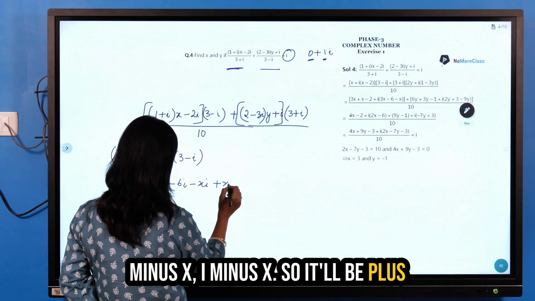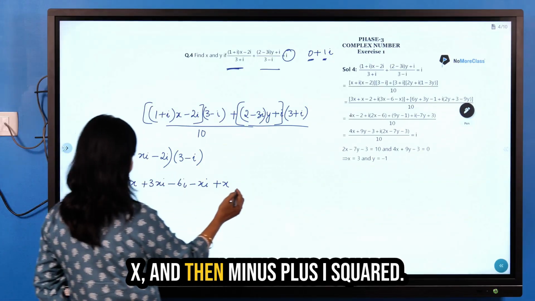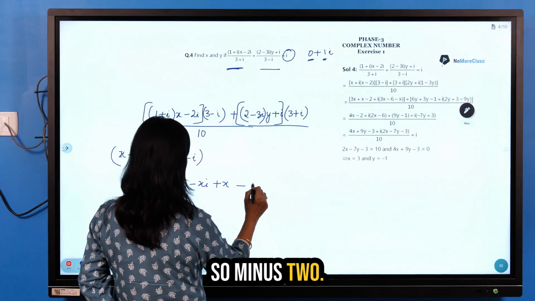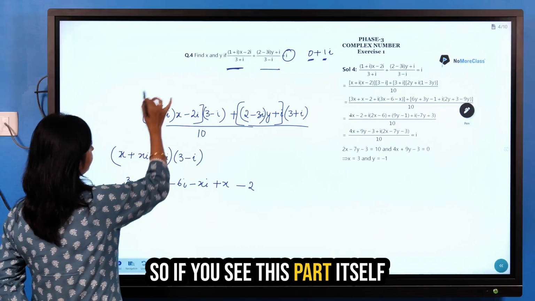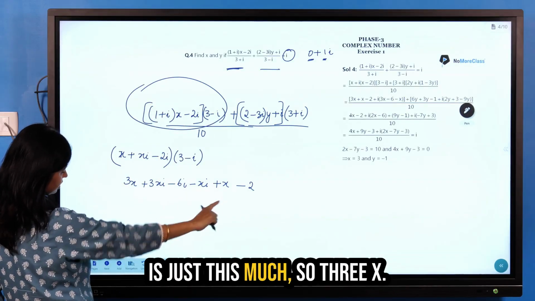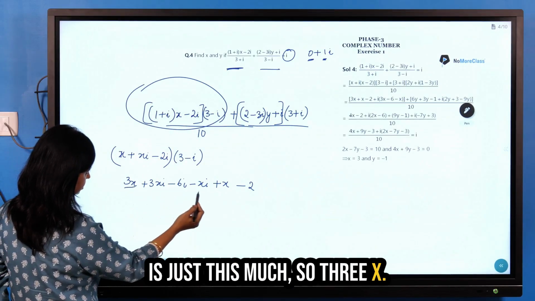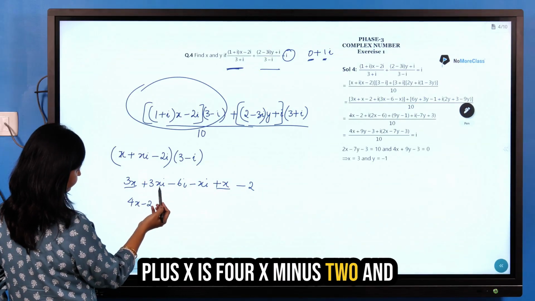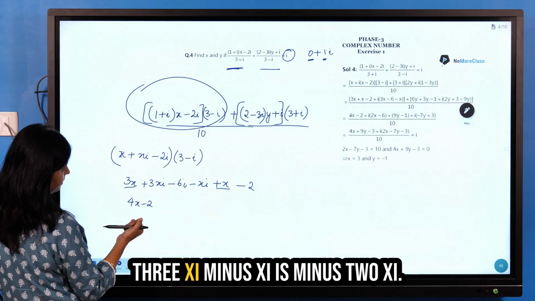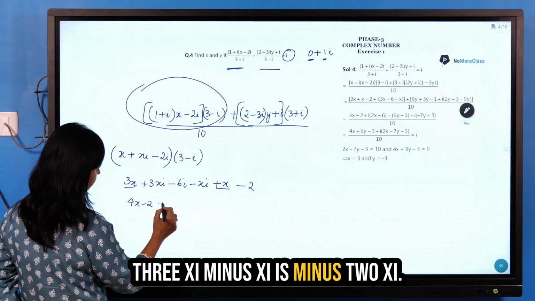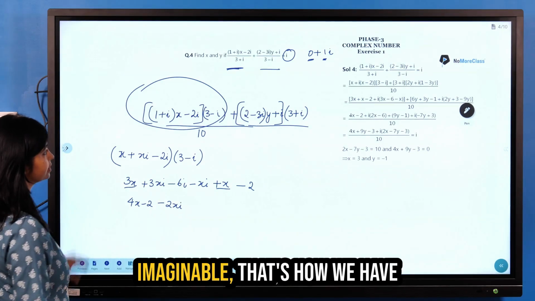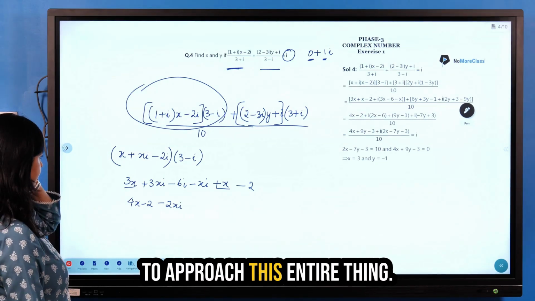So it will be plus x and then minus 2. So if you see this part itself is just this much. So 3x plus x is 4x minus 2, and 3xi minus xi is minus 2xi. So this is the real part and then the imaginary part. That's how we have to approach this entire thing.